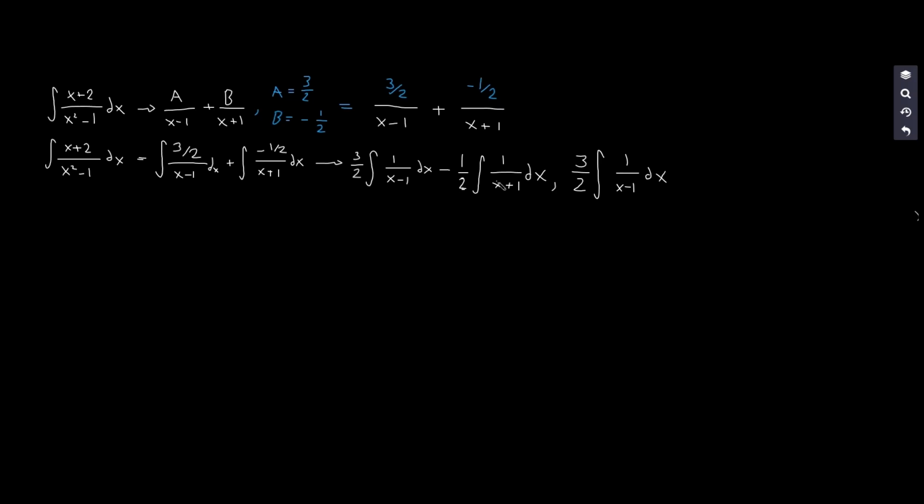We're going to leave the other one alone for a second, because if we did a u substitution and set u to x minus 1, what's the derivative of x minus 1? The derivative of x is 1, the derivative of -1 is 0, so du is just equal to dx. And then we can substitute that.